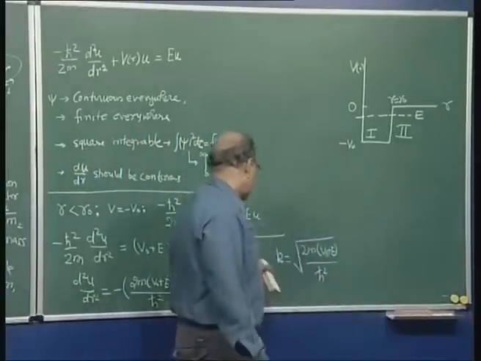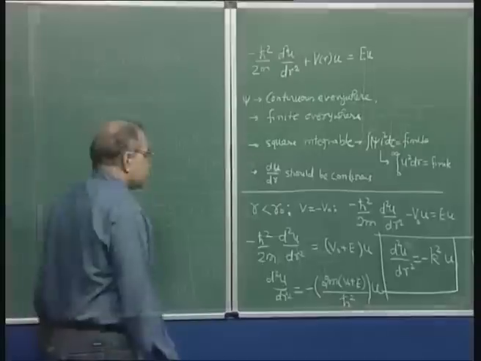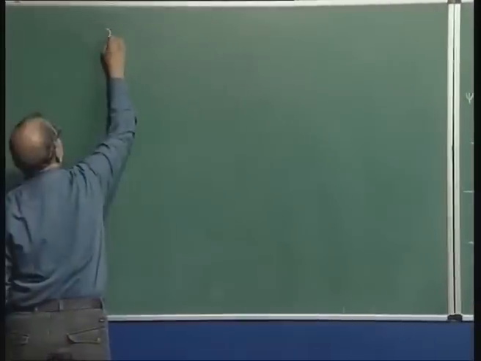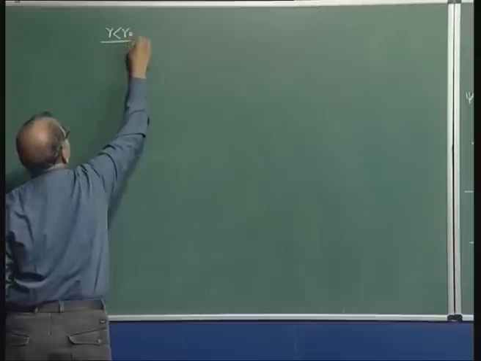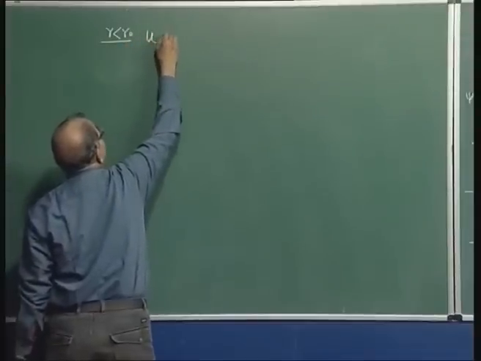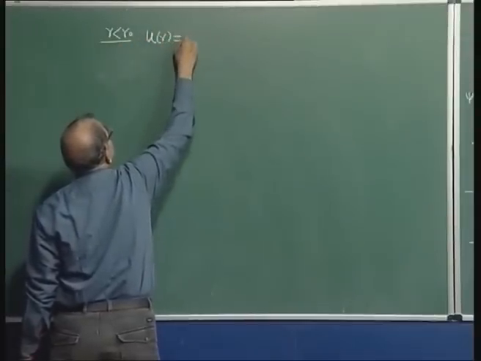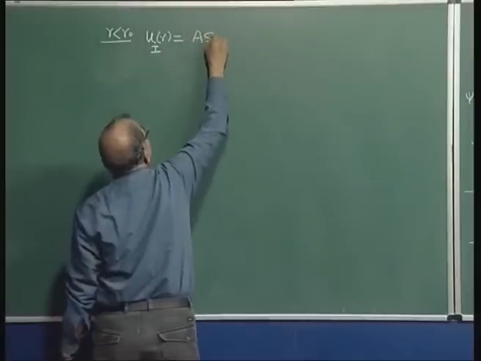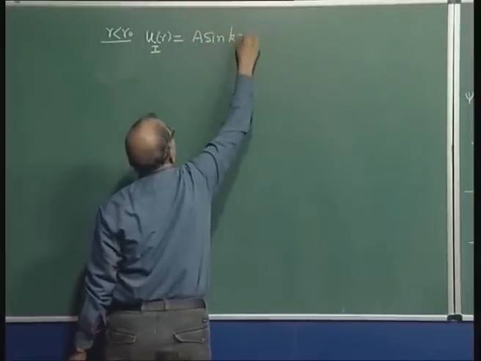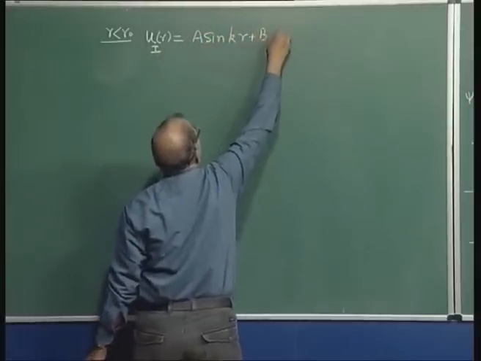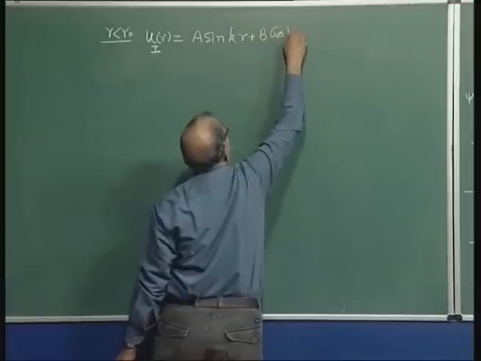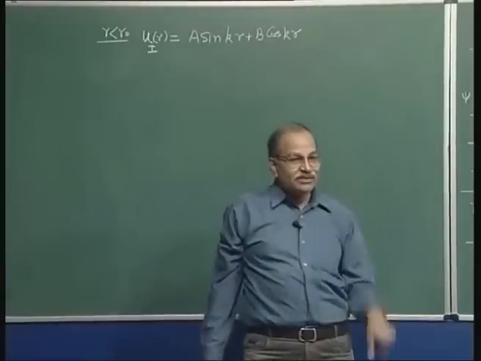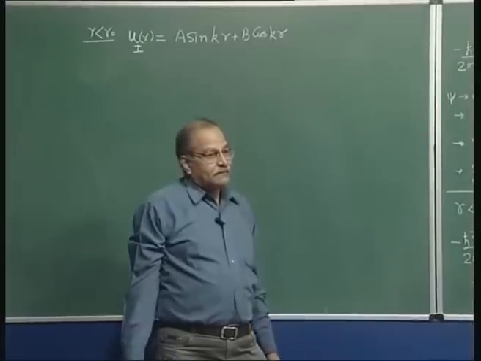You know what u as a function of r is from this equation? For region 1, remember, r less than r naught, u1 as a function of r is a sin kr plus b cos kr, like simple harmonic oscillations.